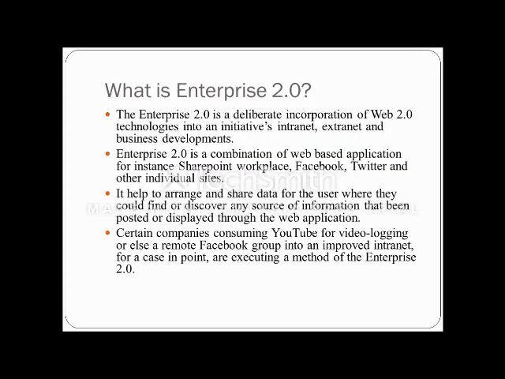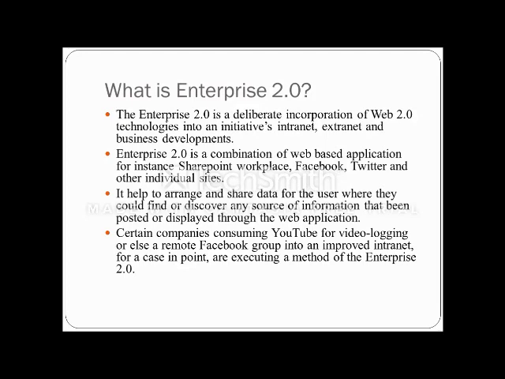What is Enterprise 2.0? Enterprise 2.0 is a deliberate incorporation of Web 2.0 technologies into an enterprise's intranet, extranet, and business development. It is a combination of web-based applications, for instance SharePoint Workplace, Facebook, Twitter, and other individual sites.